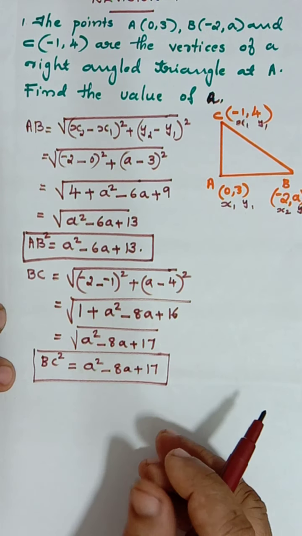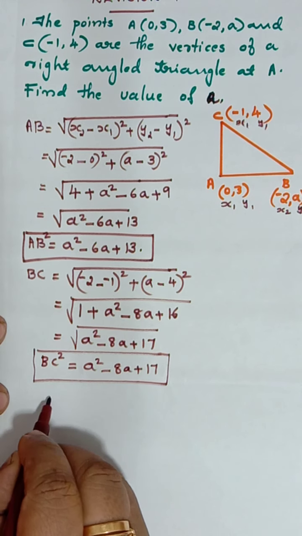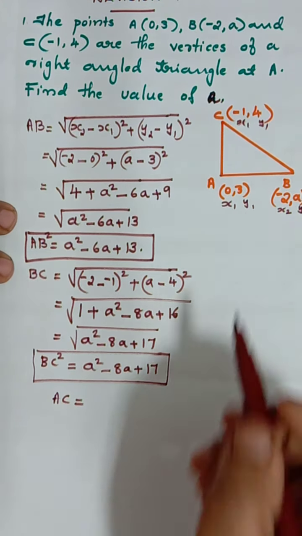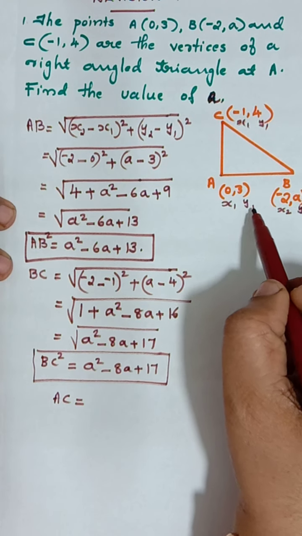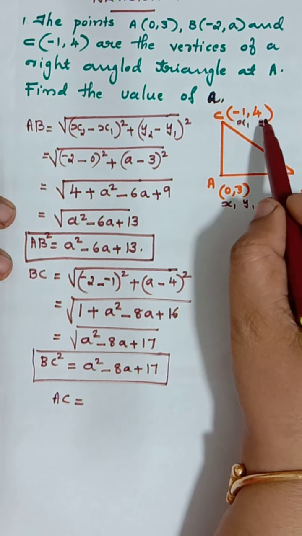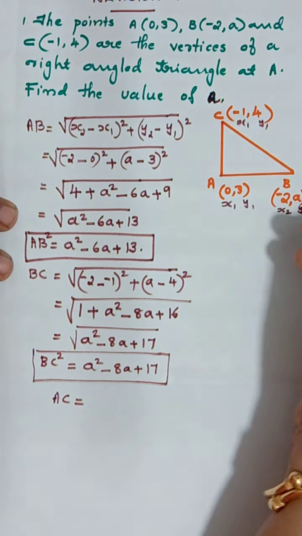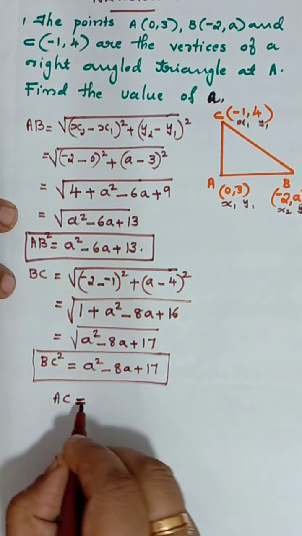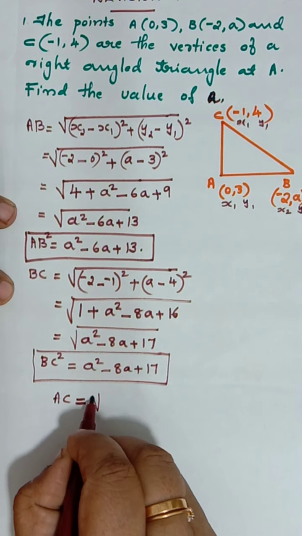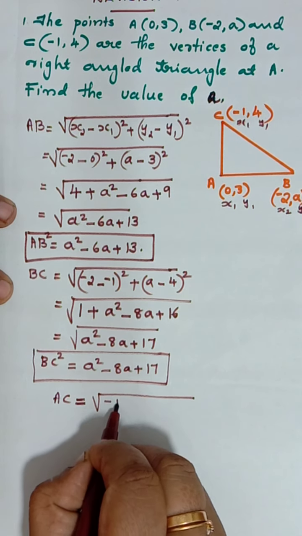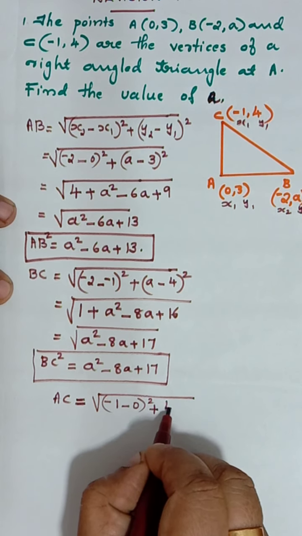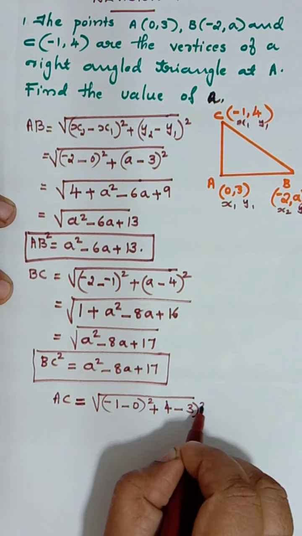Now we are going to find out what is AC. For AC we have A as x1, y1 and C can be x2, y2. So it changes according to how we are taking. AC is square root of (x2 minus x1) whole square plus (y2 minus y1) whole square.